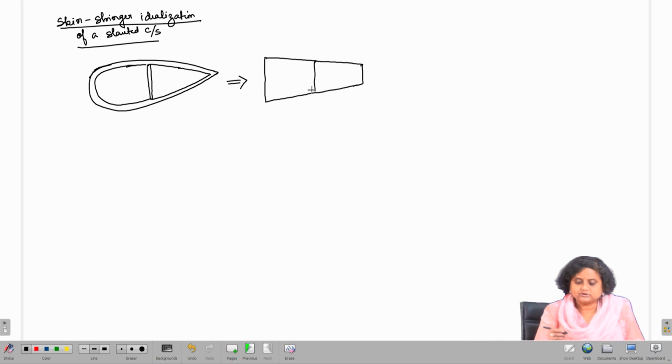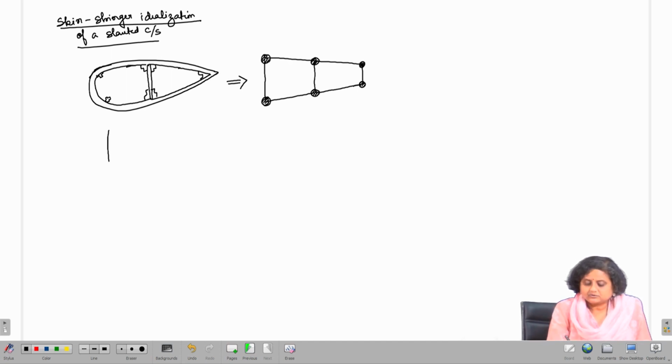There could be stringers at certain locations which we can replace by booms wherever there are stringers.